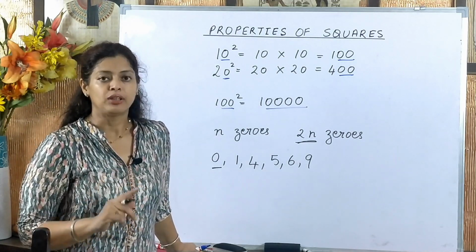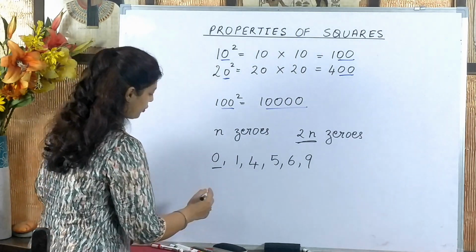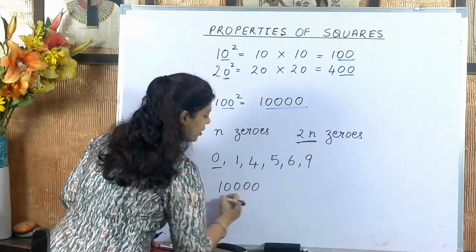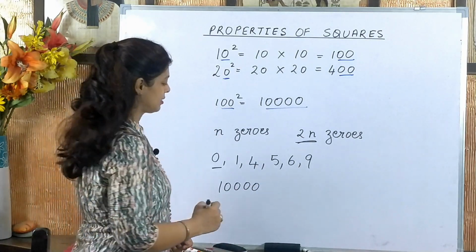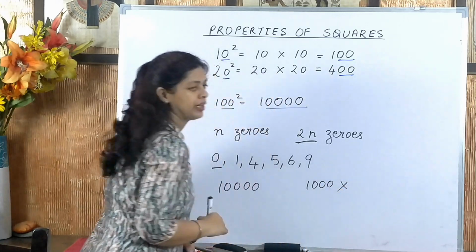If a number ends in an odd number of zeros, it is not a perfect square number. So from this I can say that 10,000 is a perfect square number, whereas 1000 is not a perfect square number.